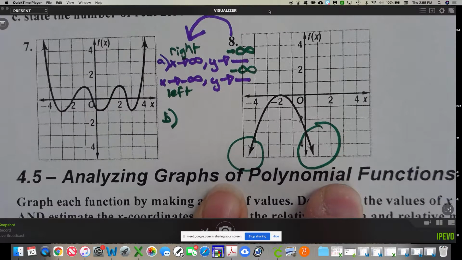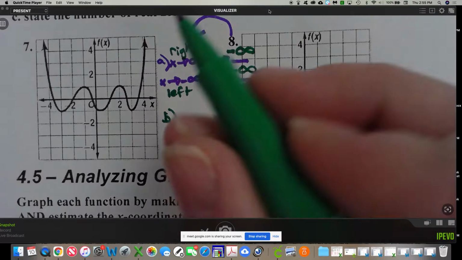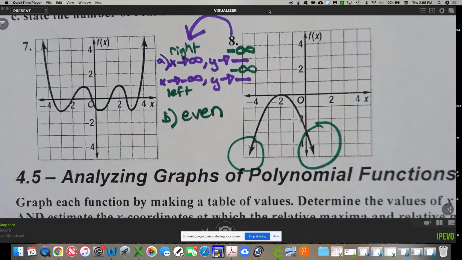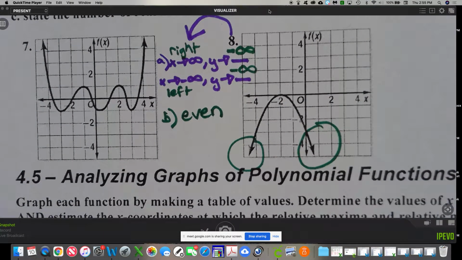Evens go the same direction, so they can both go up or both go down, but the same direction. So is this odd or even? Even. Like x to the 2nd power, x to the 4th power, x to the 6th power, or any even exponent. What is this guy probably? He's probably a parabola, which is x squared, right?